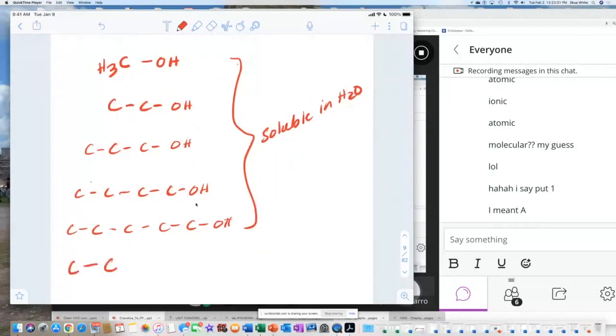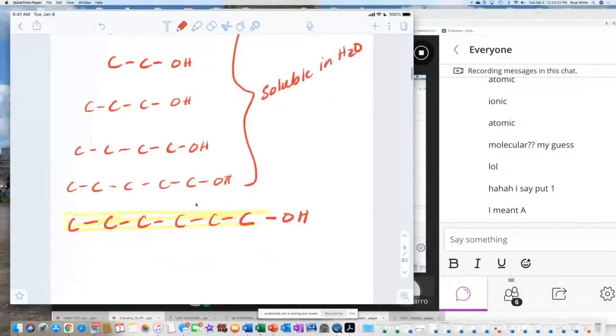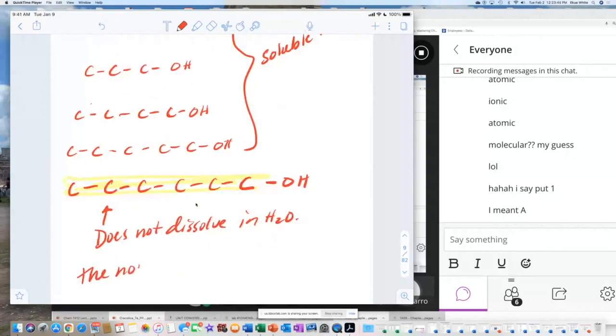Once you have 6 carbons per 1 OH, because of all these carbons, this molecule does not dissolve in water. Why? The nonpolar region becomes more dominant.